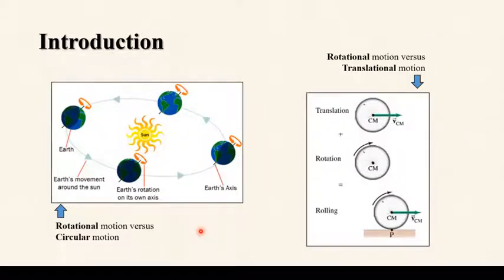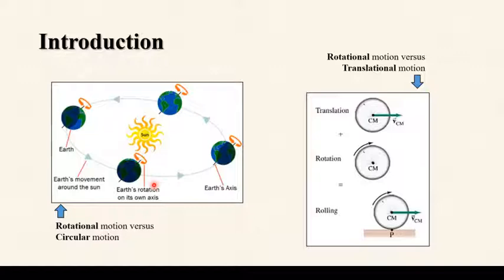This is another few examples that involve a rotational motion combined with other motions. For example, the Earth. Earth is orbiting the sun, and at the same time, it has a self-rotation. So the Earth is moving with circular motion and rotational motion at the same time.